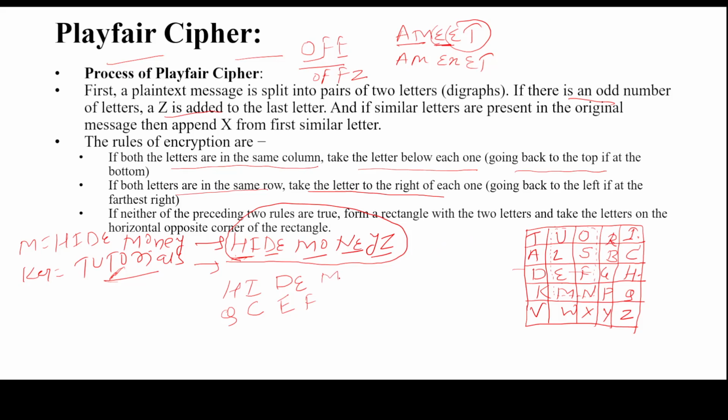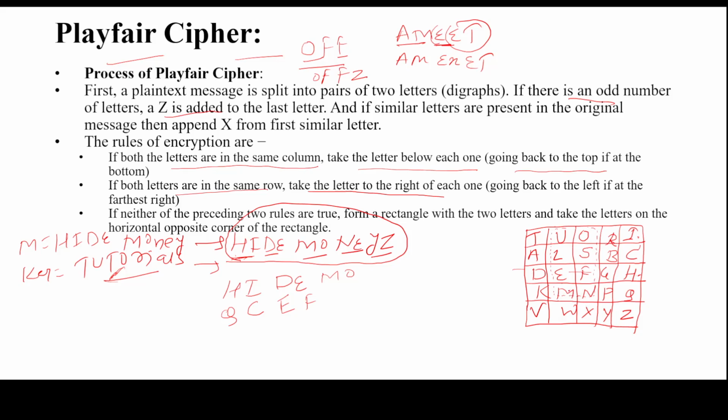So for MO, from the newly created rectangle, we have to select the value. Which one is there? M. For M, the letter is N.